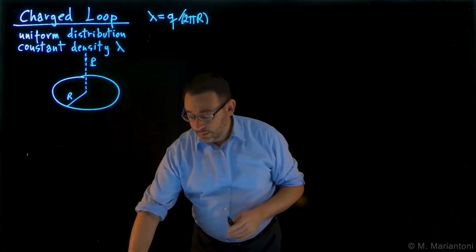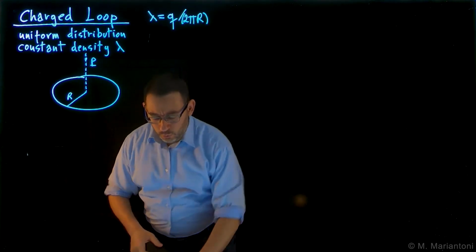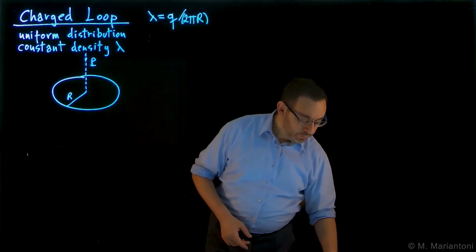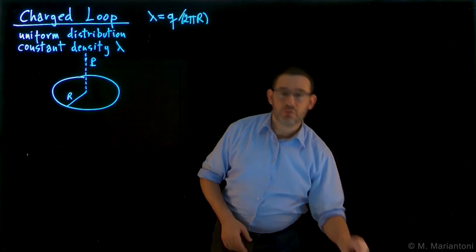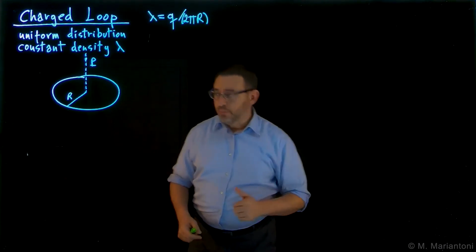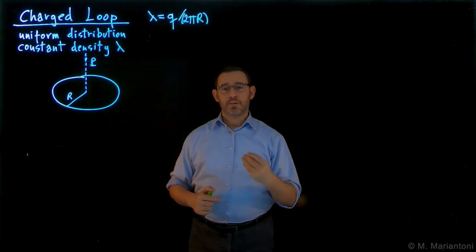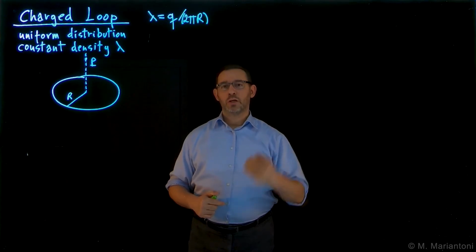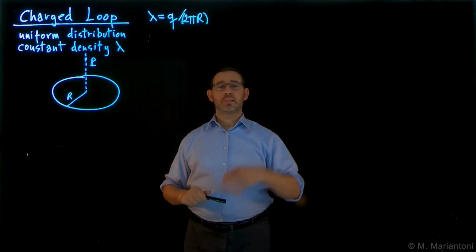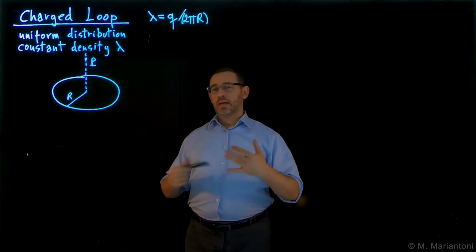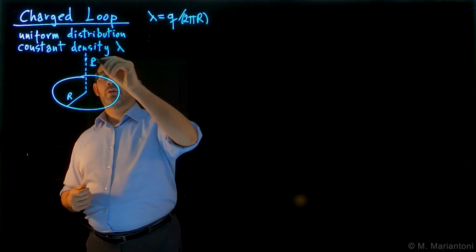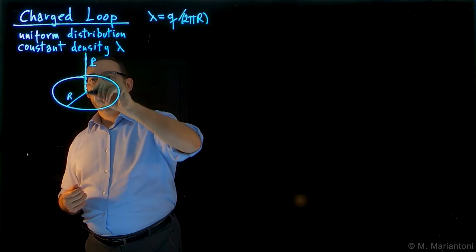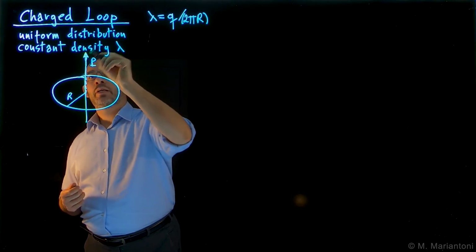How do we proceed? As always, we need to follow the 4 steps which I already outlined in a previous video. The very first step is to choose a proper coordinate system for this problem. In this case, the coordinate system is, again, like for the hexagon of charges, a cylindrical coordinate system. We're going to have this as our z-axis.